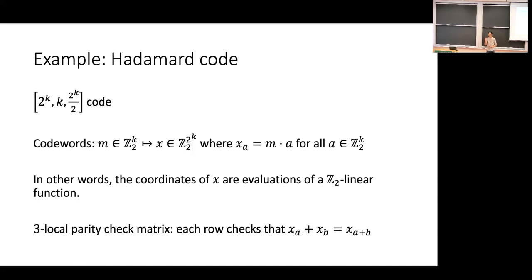It's 3-local, and each row is just going to check the linear relation that x_a plus x_b is equal to x_(a+b), where a and b are also elements of Z_2^k. You're just checking the natural linear relations to check whether you have a linear function. So it has great distance, but the redundancy is quite a lot.